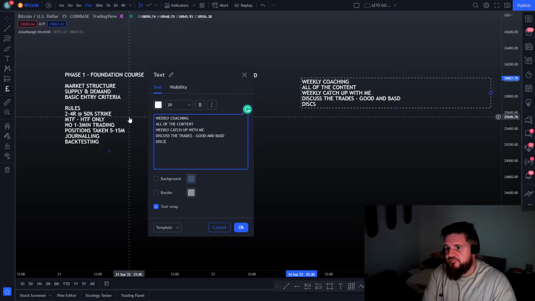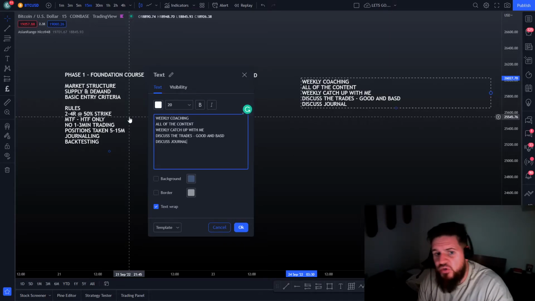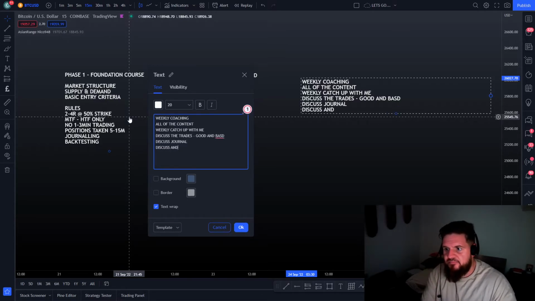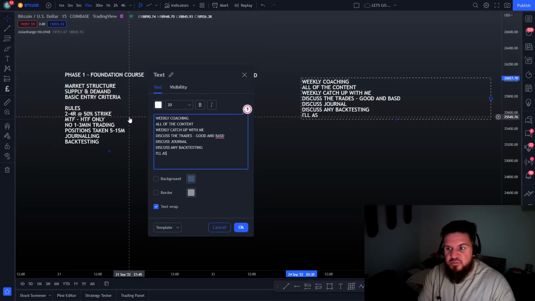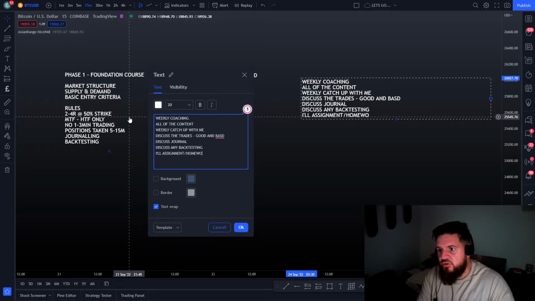We'll discuss your journal, and I'll get you to send me your journal each week, and I'll go through it, and see whether you're journaling the right way, and what we need to tweak. We'll discuss any back testing, and I'll set you assignments, basically, okay? Kind of homework, so that you can really develop your skills and accelerate your progress.